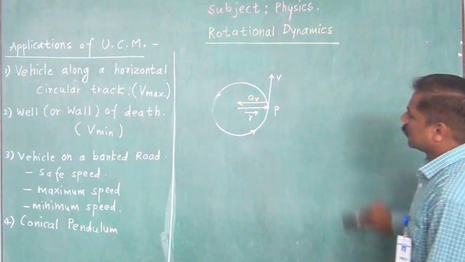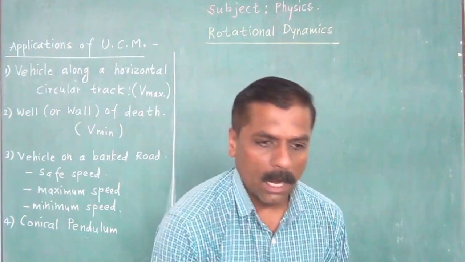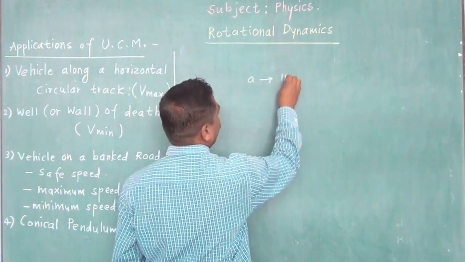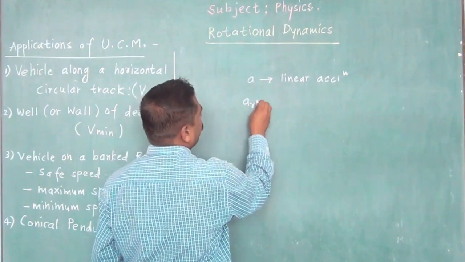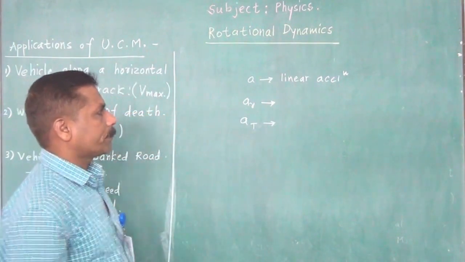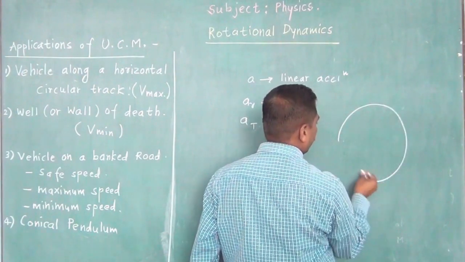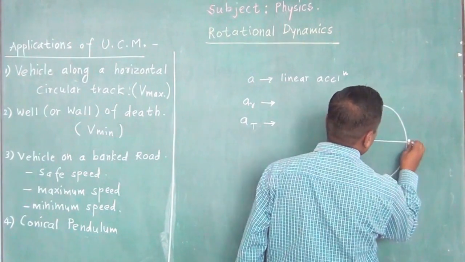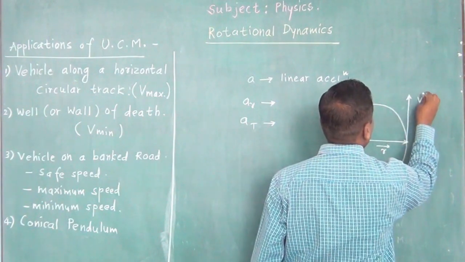If we consider the linear acceleration, it has two components. If A is the linear acceleration, there are two components of this. Suppose this is the radius or position vector, and this is the direction of the velocity.